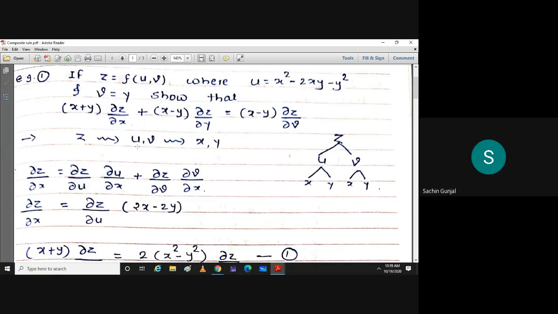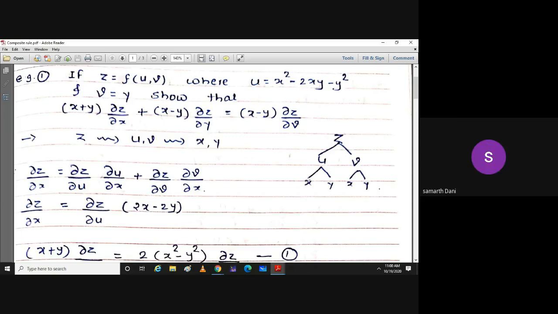z is a function of u and v, which is given. So z is a function of u and v, which is denoted by this arrow, and then u and v are functions of x and y. So by this flowchart or tree diagram also, z is a function of u and v, and u and v are functions of x and y. So can you tell me what will be ∂z/∂x? How many ways are there from z to x?